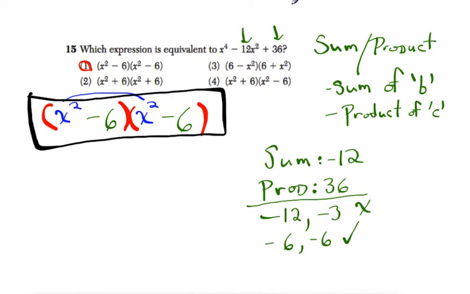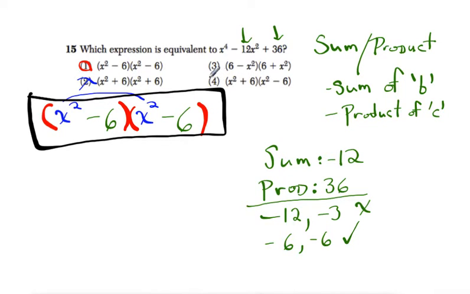What would be an alternative to doing this question? If you don't like factoring, you could simply look at the choices and just FOIL and see which one matches up. So quickly with 2, you would get 6x squared and 6x squared if you multiplied, which would be positive 12x squared. So you can mentally foil or quickly foil one or two terms to see what matches up.